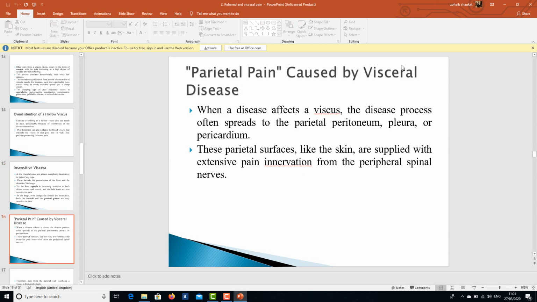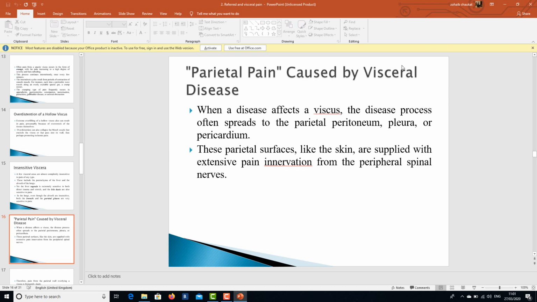Now let's talk about this term parietal pain. When a disease affects a viscera, the disease process often spreads to parietal peritoneum, pleura, or pericardium. So these parietal surfaces like skin, they are being supplied by extensive pain innervation from the peripheral nerves.